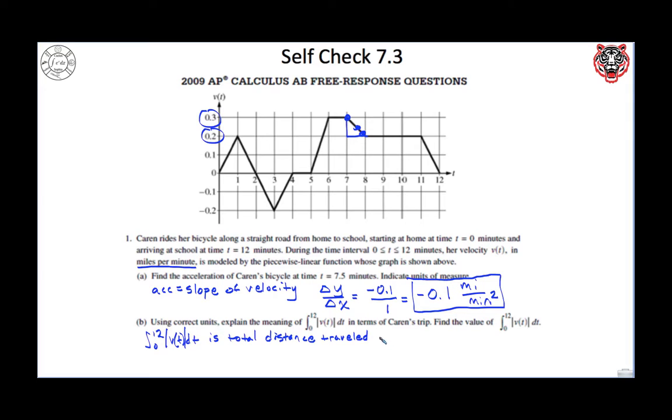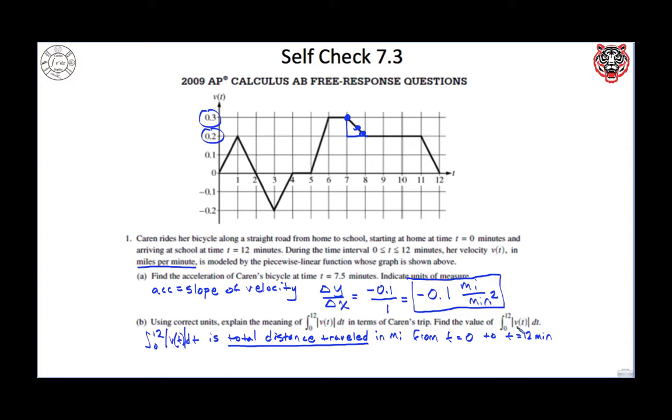So it's total distance traveled in miles from t equals 0 to t equals 12 minutes. So that's the explanation. The main thing to take away here is it's the total distance traveled. You have to have that, otherwise you won't get the point.